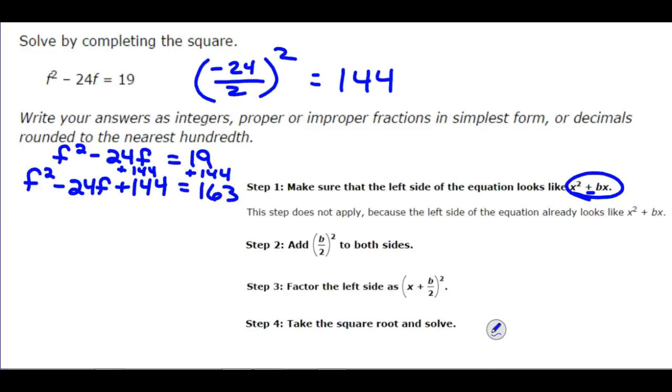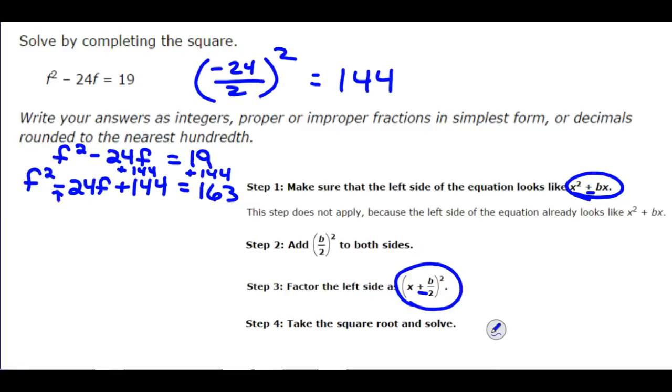Step 2 is done. Step 3 is to factor the left side as x plus b over 2 in parentheses squared. That happens every single time. And it could be a minus though, so I like to include a minus there. And we can tell what that's going to be by looking at this sign. If that's a minus, it's going to be a minus.